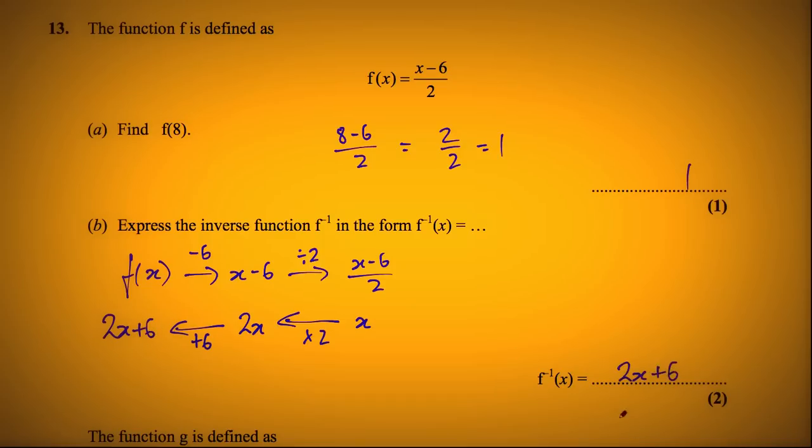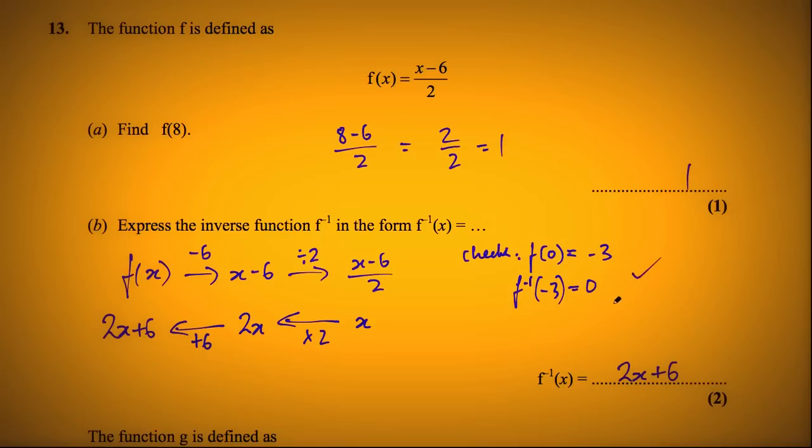And to check that that works, I'll take a simple value of x, let's say 6, because it's going to be subtracted from that, or 0, I'll take 0, and just check, say f of 0 equals 0 minus 6 over 2, minus 6 over 2 is minus 3. f to the minus 1 of minus 3, if I do that, is 2 times minus 3 is minus 6, plus 6 is 0, so it works.